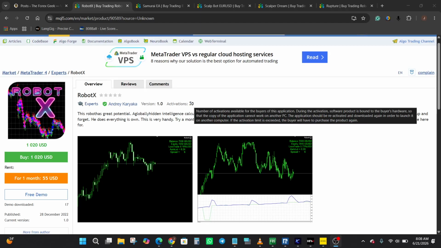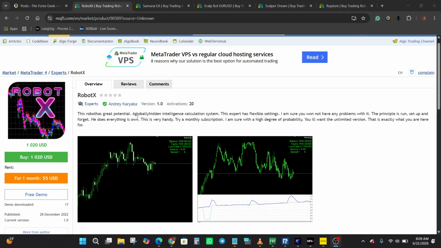So basically, these 20 activations mean that the buyers can use it on 20 different devices, right? If the buyer exceeds that limit, they will need to reactivate or perhaps repurchase the expert advisor. So it can be used across 20 different devices or hardware.